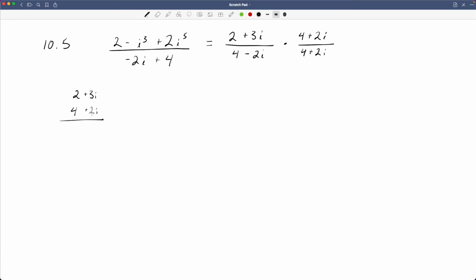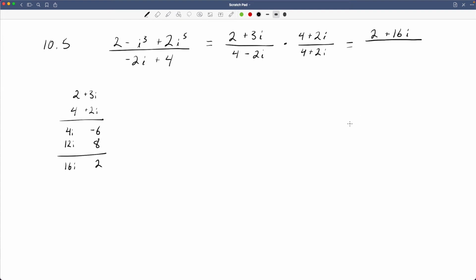And we know 2 times 3 is 6, and i times i is negative 1. 6 times negative 1 is negative 6. This would be 4i. This would be 12i. And this would be 8. So when we combine, we have positive 2 and 16i, and we write that in standard form. That's going to be 2 plus 16i right there.